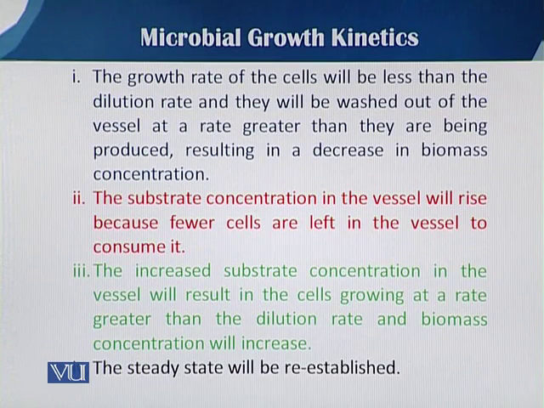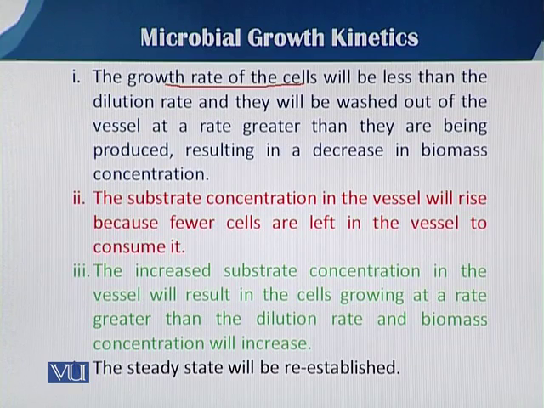If the growth rate of the cells is less than the dilution rate, meaning mu is less than D, then what will happen? They will be washed out of the vessel. When the growth rate is less and the dilution rate is more than mu, what happens?